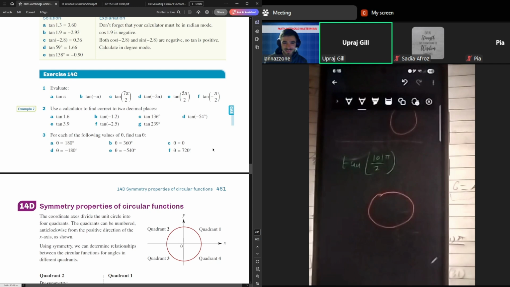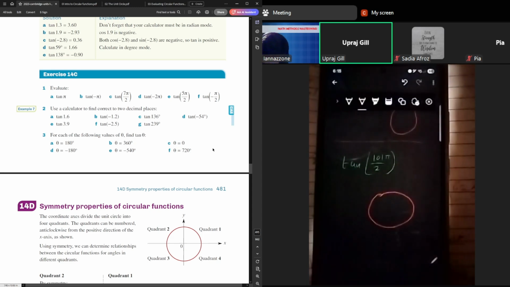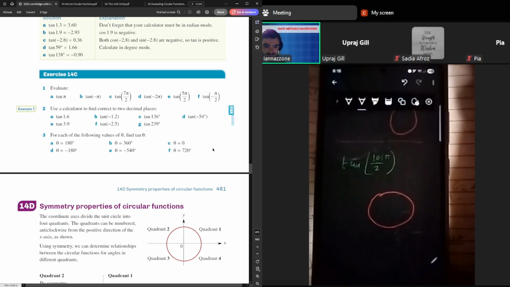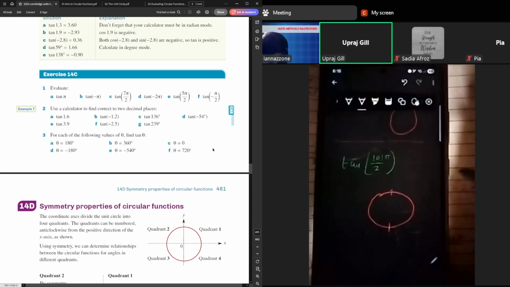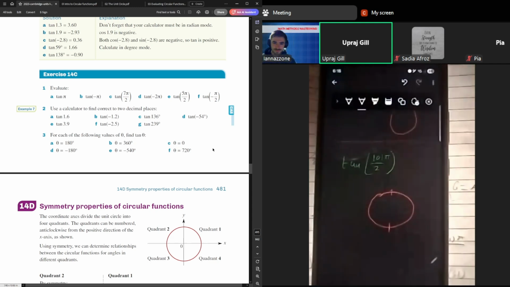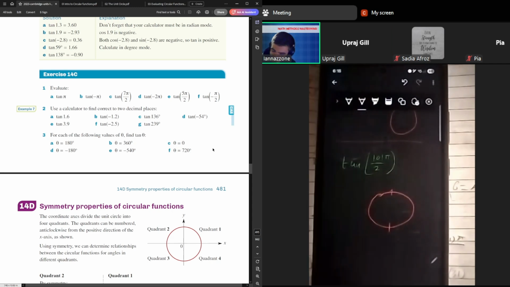Yeah. What's going on there? I already know from the tan graph that pi over 2 is an asymptote, but also, you know how we were talking about how if you see pi over 2, cos will always equal 0, and since tan is sine over cos, we'll have a divide by 0 error. Precisely. Yep. There you go.